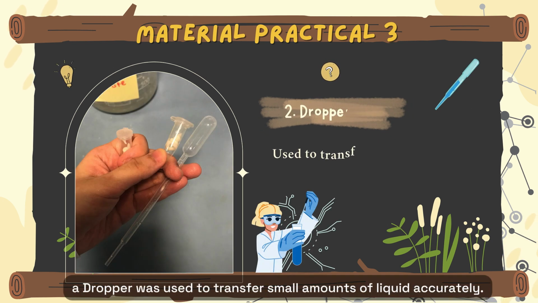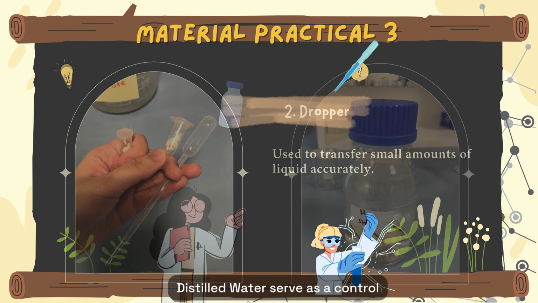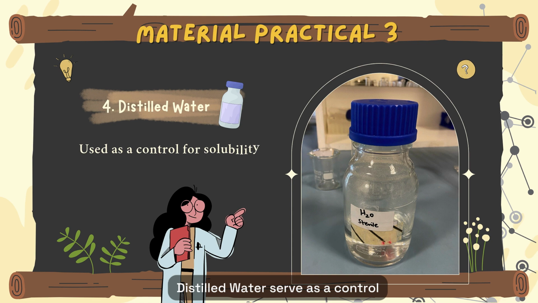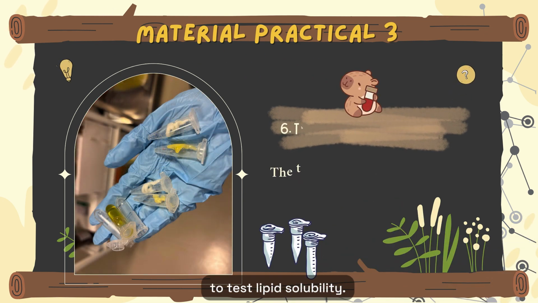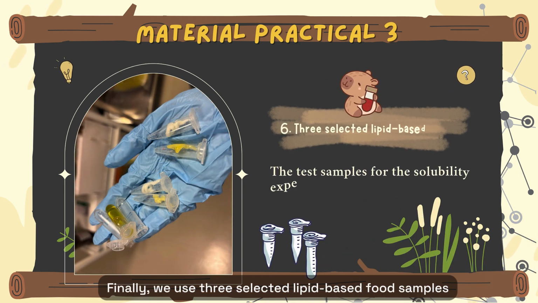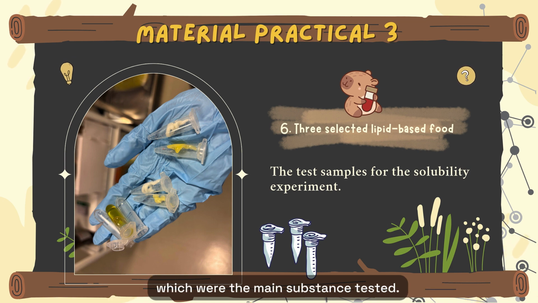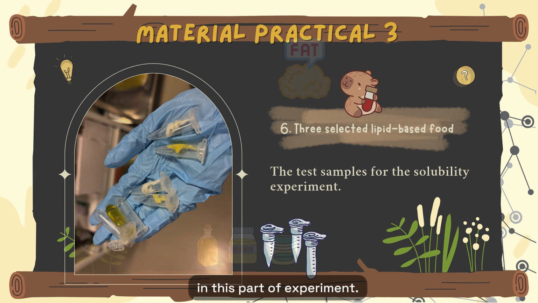Next, a dropper was used to transfer small amounts of liquid accurately. Distilled water served as a control to compare solubility. Toluene was used as a non-polar solvent to test lipid solubility. Finally, we used 3 selected lipid-based food samples, which were the main substance tested in this part of the experiment.